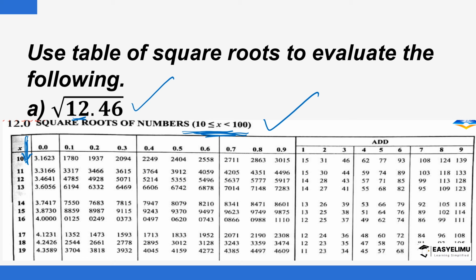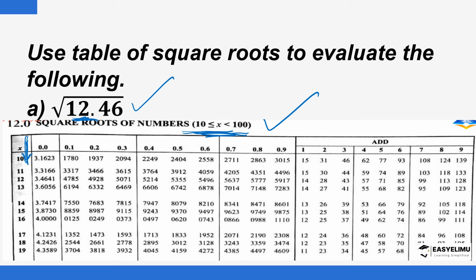We're talking about the square roots of numbers between 10 and 100, and you can see our number here is a number that is between 10 and 100, 12.46. And then of course you have to confirm that the number has strictly four digits.